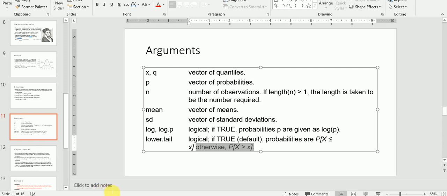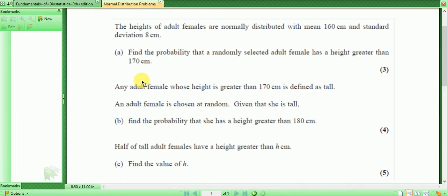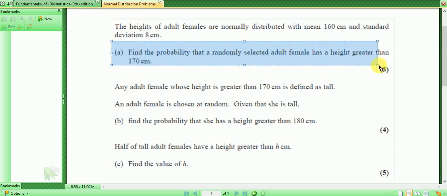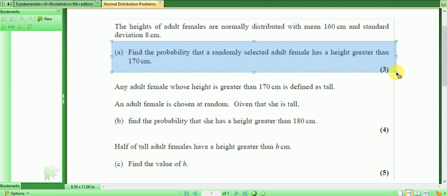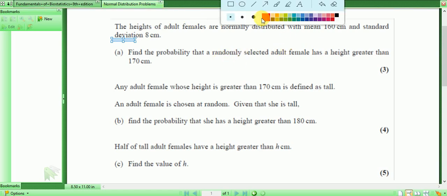So the example that I will take here is this one. The heights of adult females are normally distributed with mean equal to 160 and standard deviation equal to 8 centimeters. The first question is this: find the probability that a randomly selected adult female has a height greater than 170 centimeters.